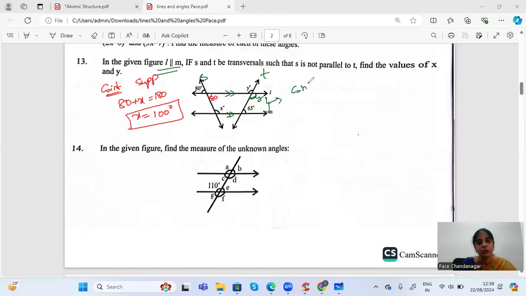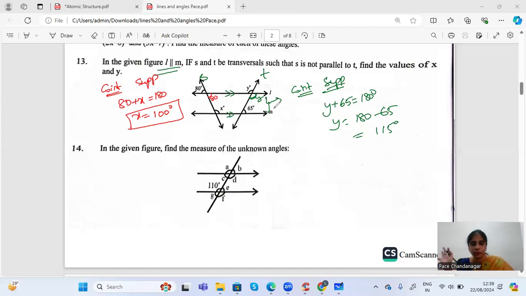Again, these are also co-interior, and co-interior angles are supplementary, isn't it? So I can consider y plus 65 is also equal to 180 degrees. Hence, y is 180 minus 65. That is your 115 degrees. Is that clear? So your y equal to 115 and x equal to 100 degrees. That's your answer.